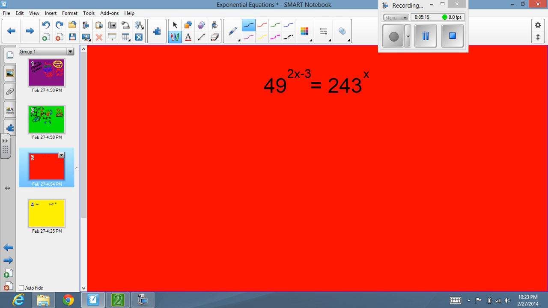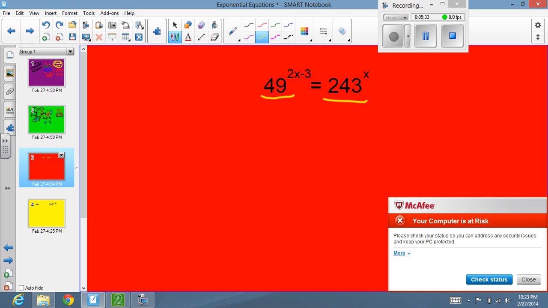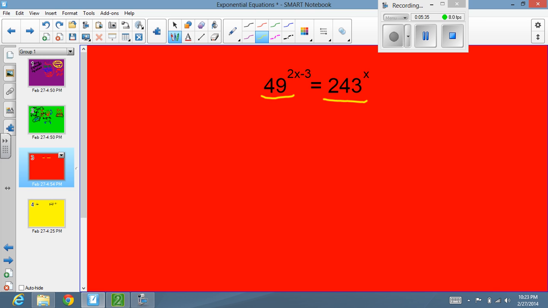Now we have a situation where one of my bases is 49, the other base is 243. I can't multiply 49 by itself to get 243 or anything like that, so I kind of have to go backwards now.